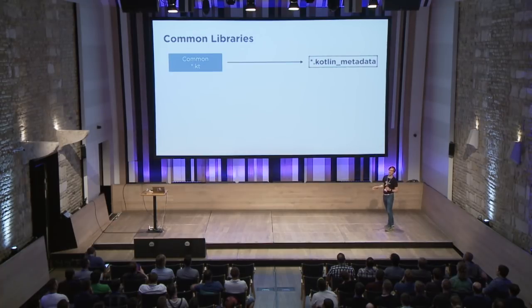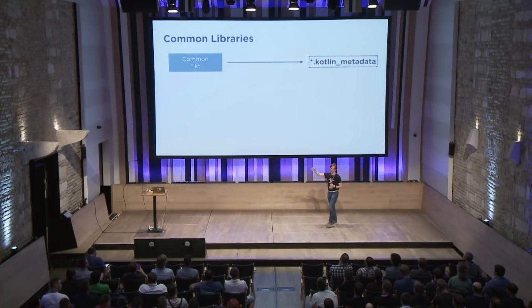So what we do is we take the Kotlin code from the common library and compile it to something called Kotlin metadata. And this Kotlin metadata is basically what Eugenio's talk was about. So it's just basically serialized declarations of everything that is in the library. And so when you link to a common library, you just get those declarations.